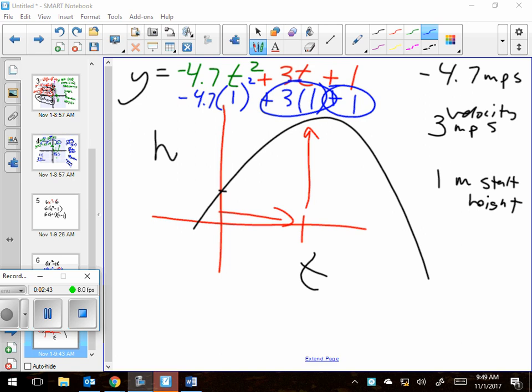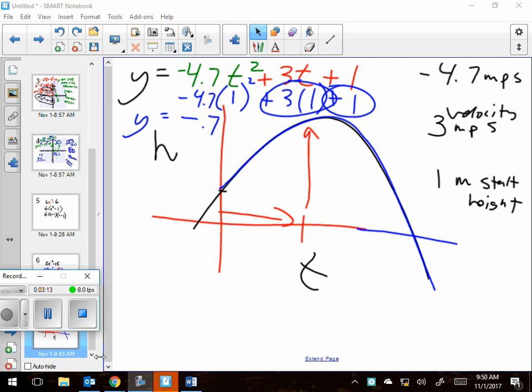I want you to interpret that. What does that mean? y equals negative 0.7. That means that they threw this ball in such a wimpy fashion that it went up and it went down and then it continued below the line, and the height would have been down here at 1 second.